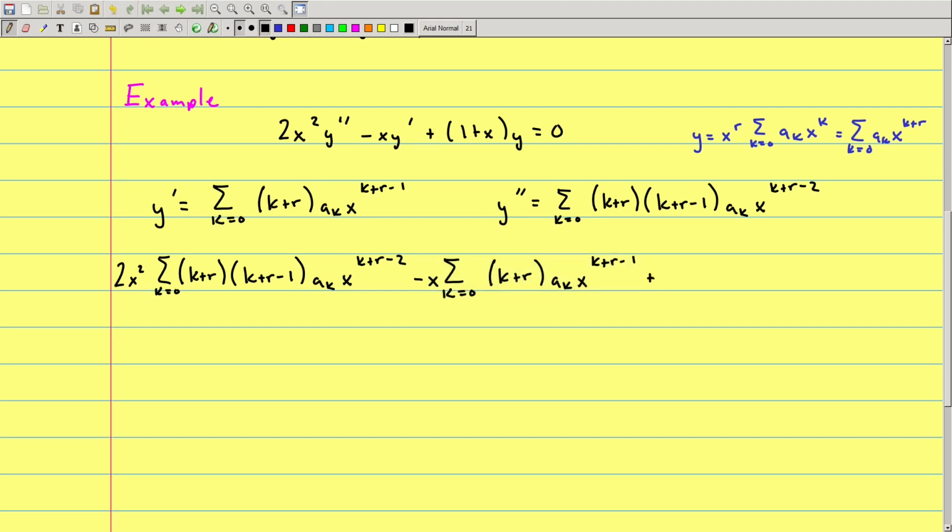And then lastly, plus 1 plus x and the sum from k equals 0 to a_k x to the, oops, k plus r, and this all equals 0.